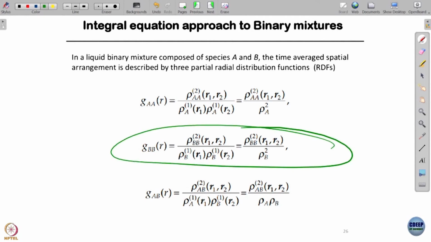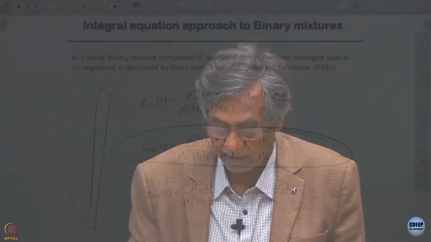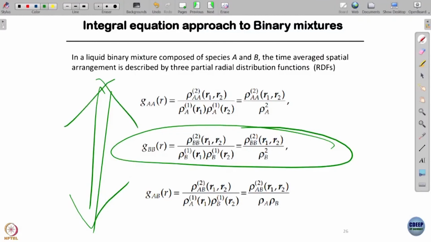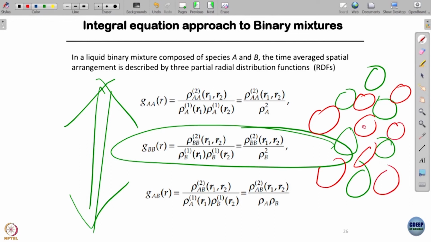So, these quantities are the radial distribution functions. They tell you how A and B are placed with respect to each other.